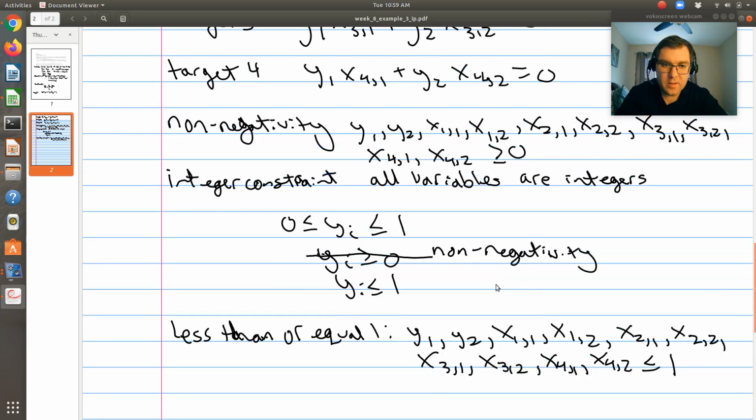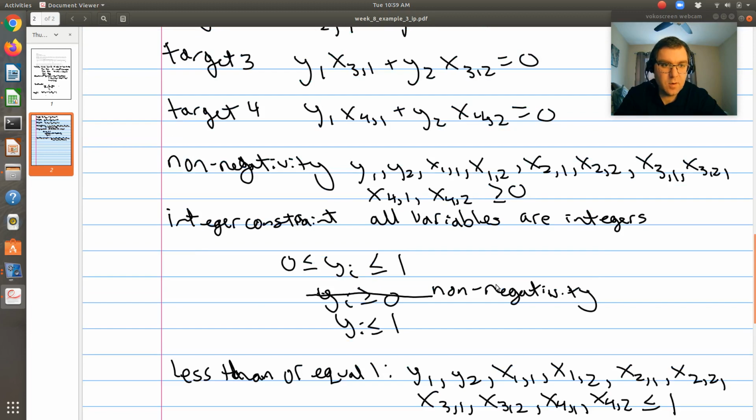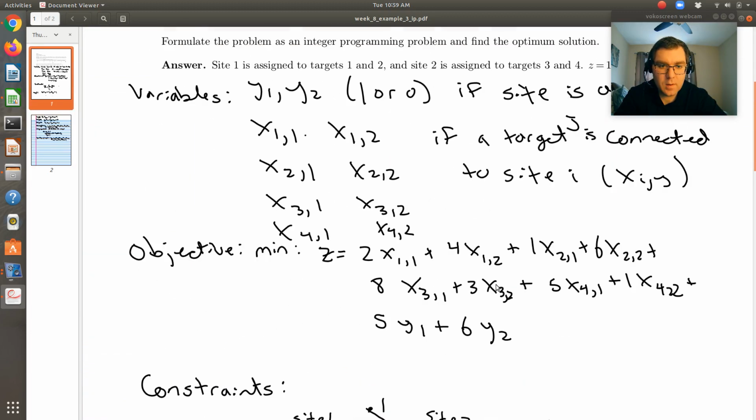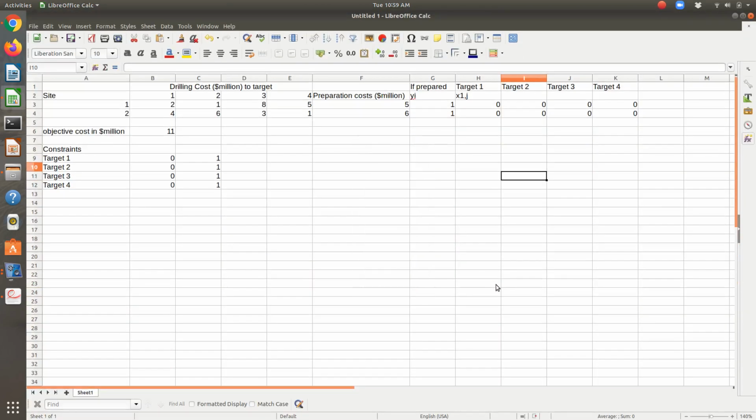Non-negativity, all less than or equal to 0. Integer.